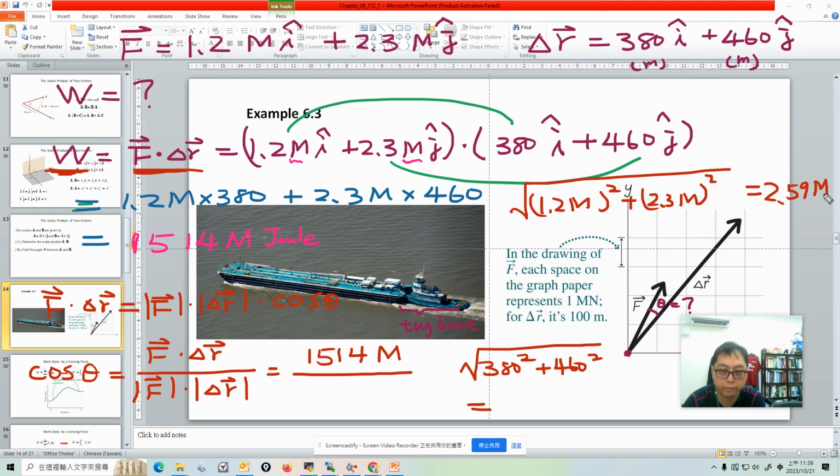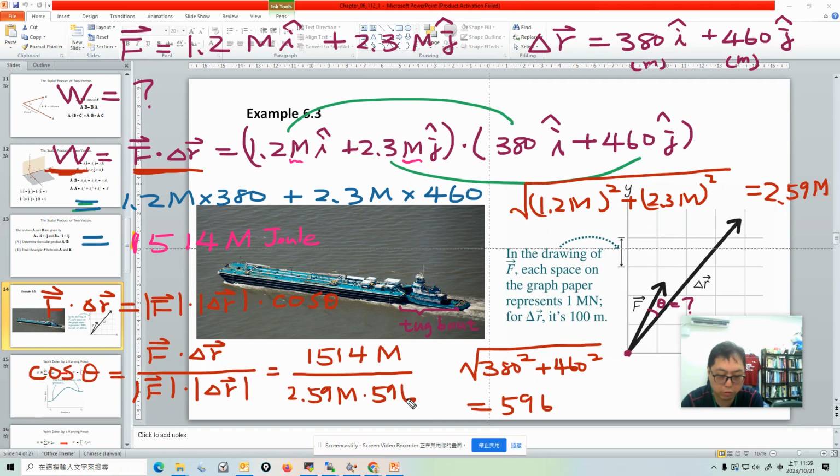2.59 mega. And what's the answer for 380 squared plus 460 squared and square root? It's 596. Let's take 596. So it's 2.59 mega times 596.